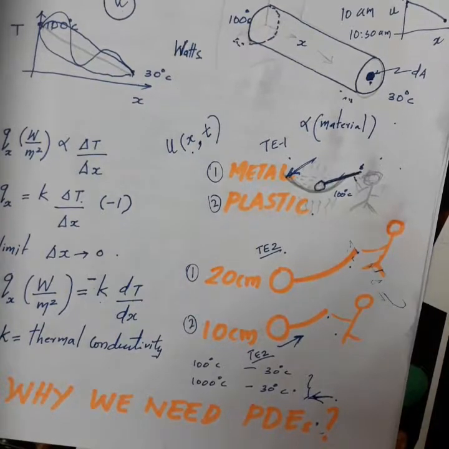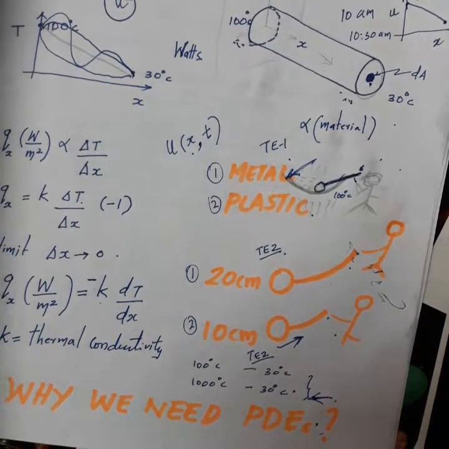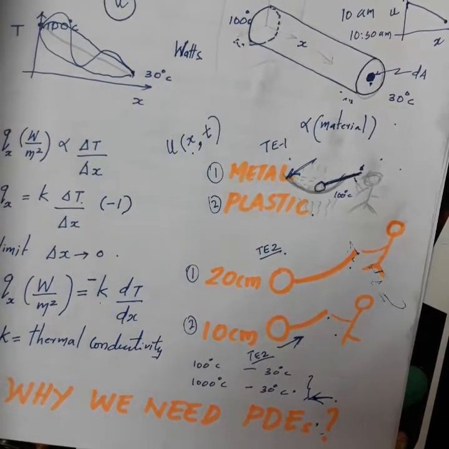If it depended on only one quantity, say x only, as in steady state heat conduction, which we won't get into, it would be different. Since in this situation the temperature depends on both x and t, we need partial differential equations to solve this.